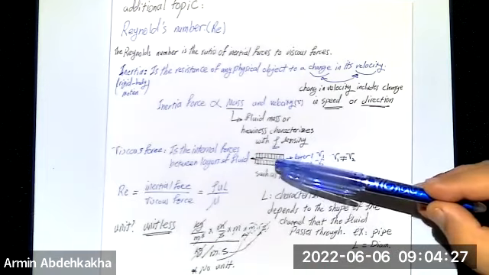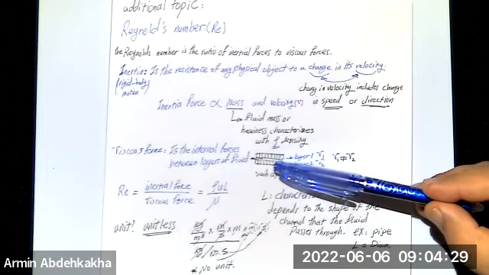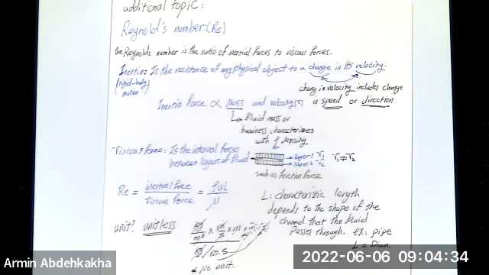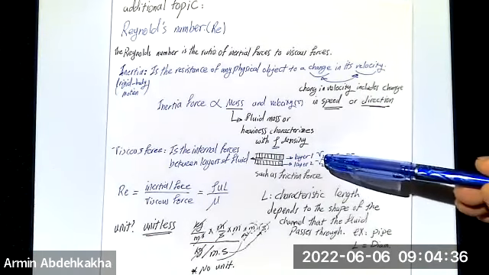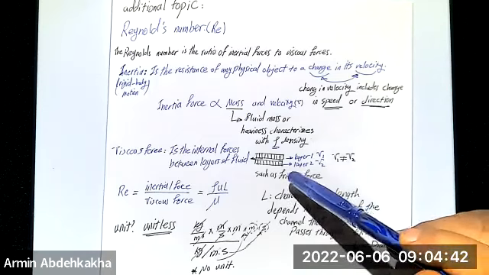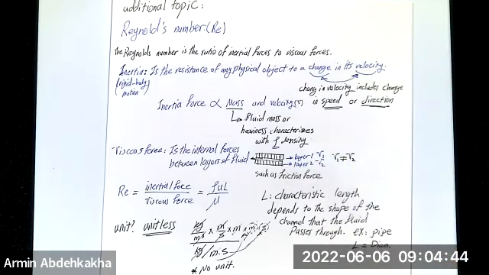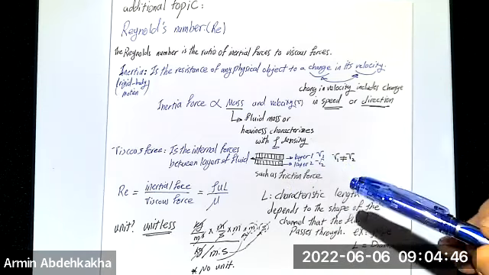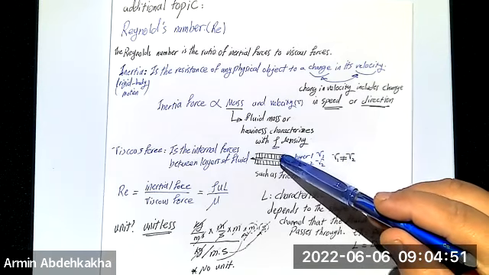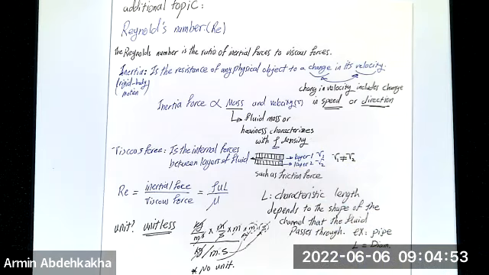You can see this one as in rigid body motion is the friction. Here is the friction between layers. For example, if you have two layers, V1 and V2, that are different, and V1 is higher than V2, right? The below layer wants to stop the top layer from moving, because of the friction.